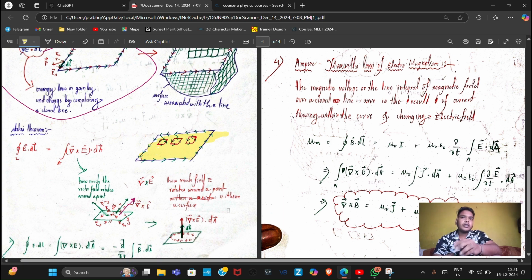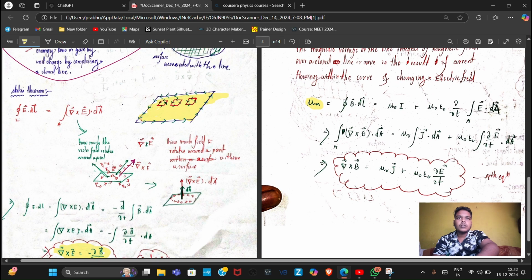So here is the statement: the magnetic voltage, or the line integral of the magnetic field over a closed loop, is the result of the current flowing within the curve and the changing electric field inside that curve. Okay, so this is magnetic voltage, and in mathematical form it is written that the closed line integral of B dot dl is nothing but the magnetic voltage.